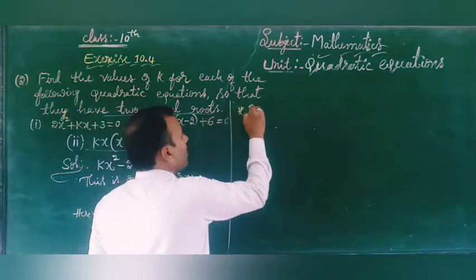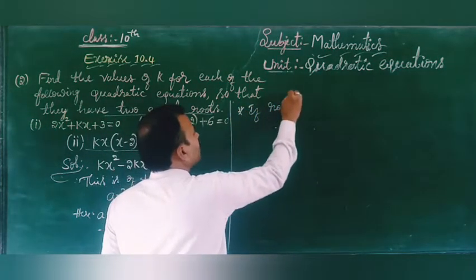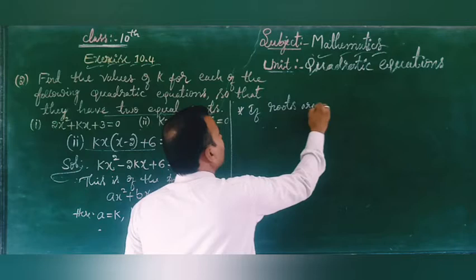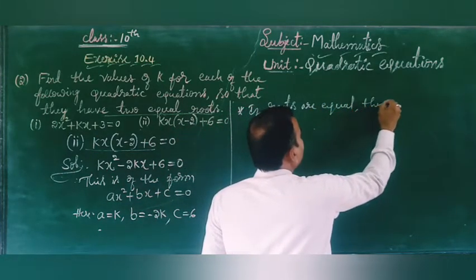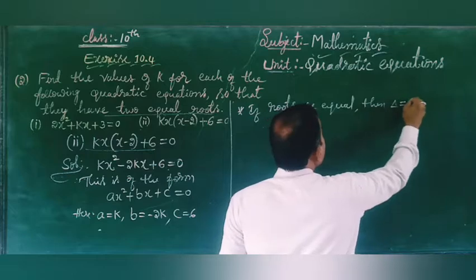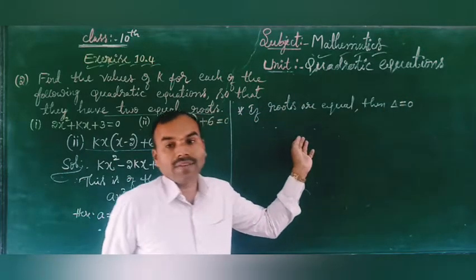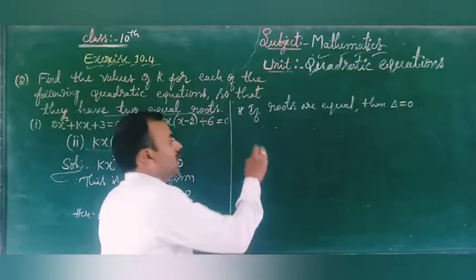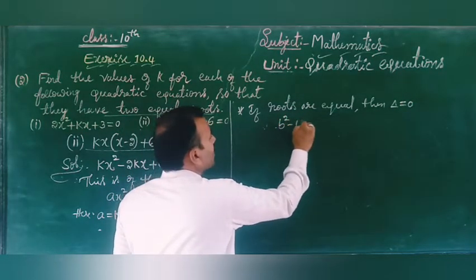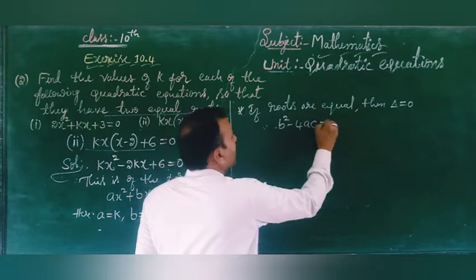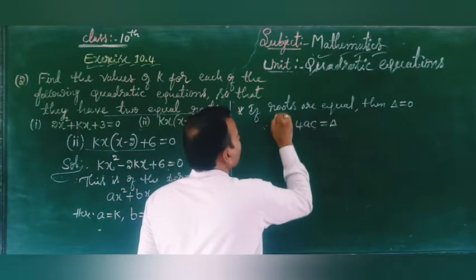If the roots are equal, then delta equals 0. This is the given condition. Therefore, b squared minus 4ac equals delta.